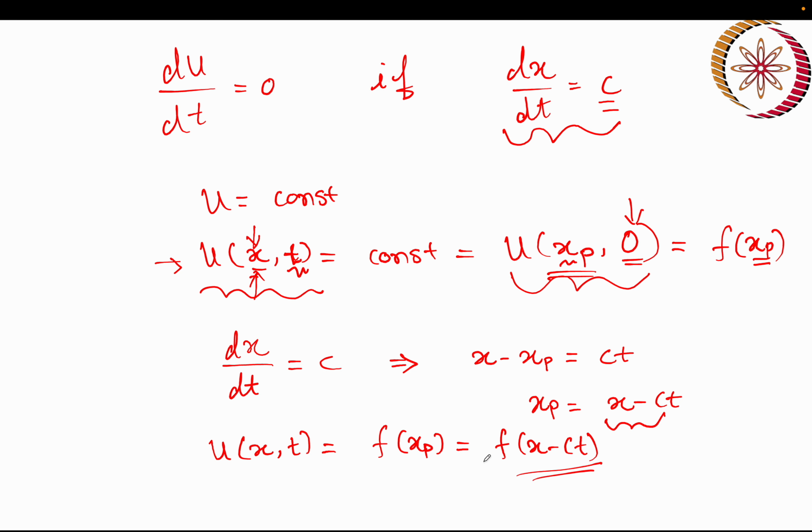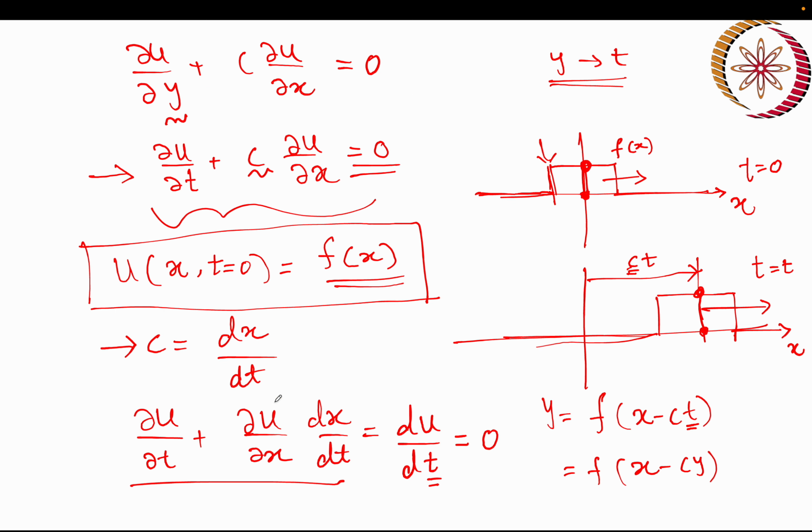Okay, so if we start with the differential equation, this is the way to get to the solution. In this case we are assuming this c to be dx by dt, and once we assume that it is dx by dt, it will convert into a total derivative.